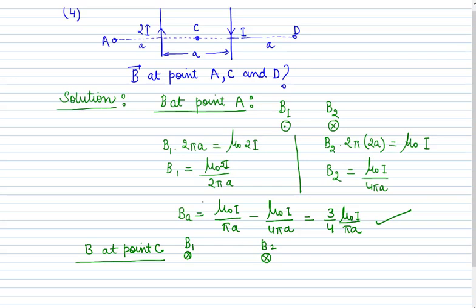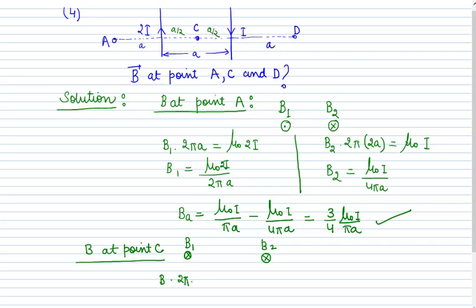Then for the magnetic field, you can use Ampere's circuital law. Then this will be ∮B·dl, that means B into 2π. Now if you calculate the distance from point C to the first wire, it is A by 2, and from point C to the second wire, it is again A by 2.